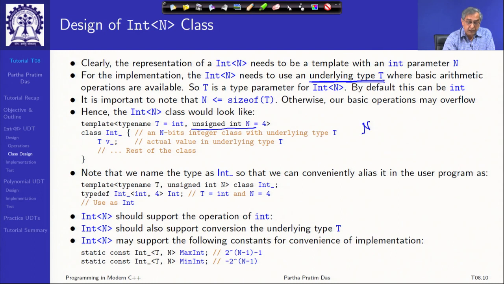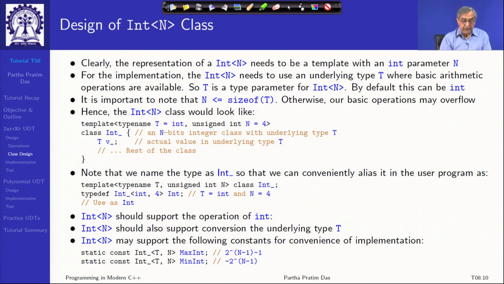So, as it turns out, I have a template where there is one type T which by default I have kept as int. I have a non-type parameter n which by default I have kept 4, and naturally to represent the value I have a data member v of type T, right.